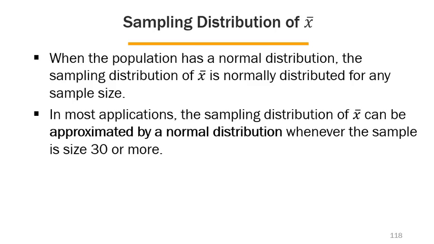Now when the population has a normal distribution, so the underlying random variable is normally distributed, the sampling distribution of x bar is also normally distributed, regardless of the sample size. In most applications, the sampling distribution of x bar can be approximated by a normal distribution whenever the sample is of size 30 or more.